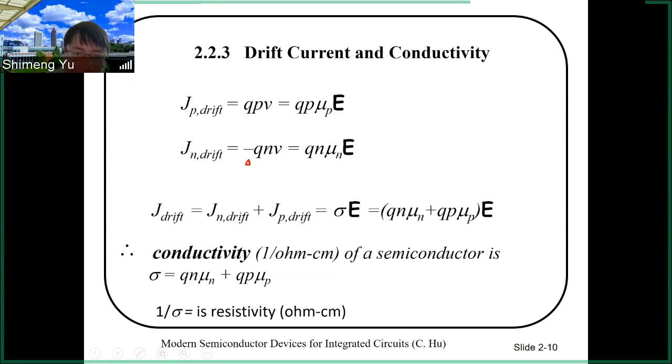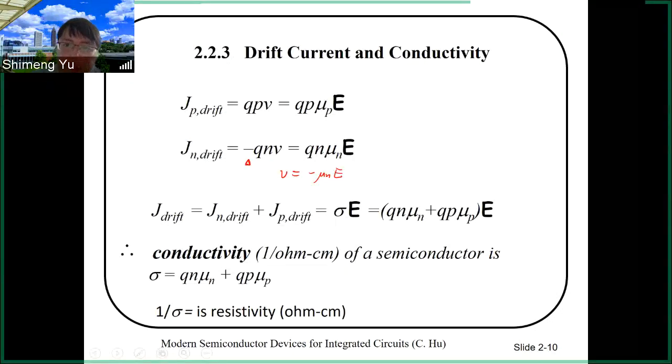But you have the electron's velocity is negative mu n E for electron. So if you plug in that, then those two negative signs will cancel each other. So still the electron current density is q n mu n E, and hole's current density is q p mu p E. And then the total drift current is the sum of the electron current and the hole current.